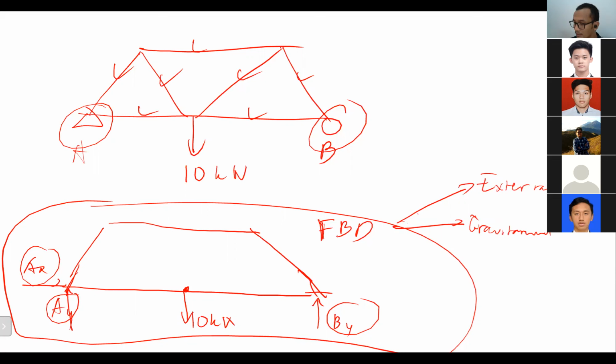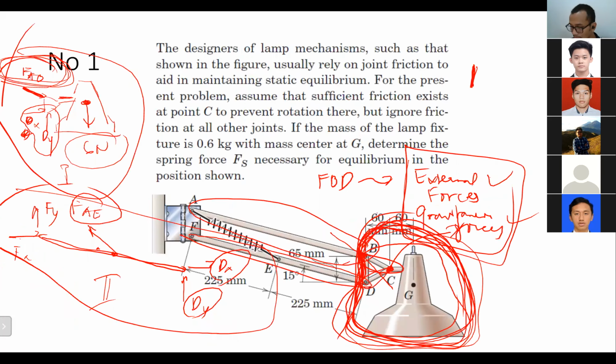Now I ask you again. For this particular system, BC, BD, and DC are part of the system. So should I draw the forces or not? It's internal force, so it cannot be drawn.